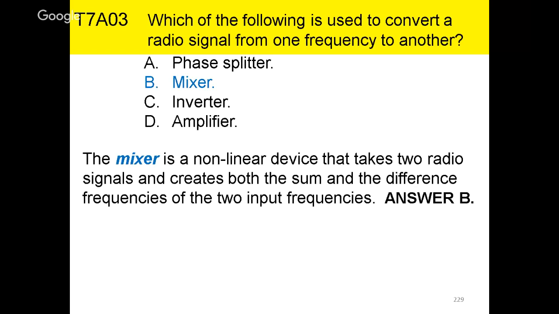In this case, you're using a mixer, which is a nonlinear device that takes two radio signals and creates both the sum and difference of the two input frequencies. So you're mixing several signals to create another signal. Answer is B on this.